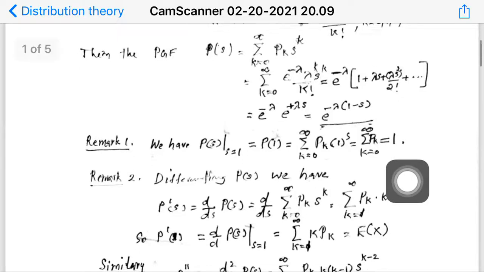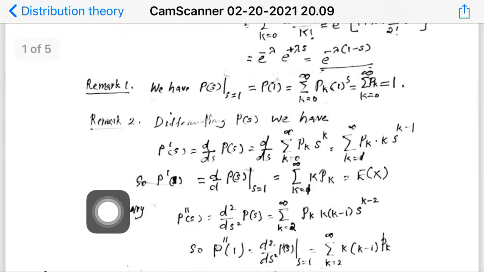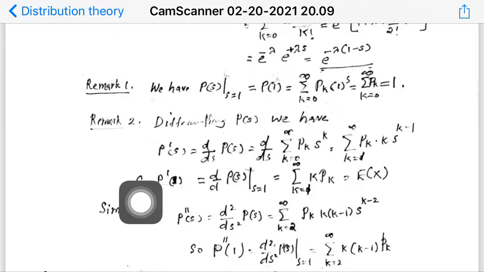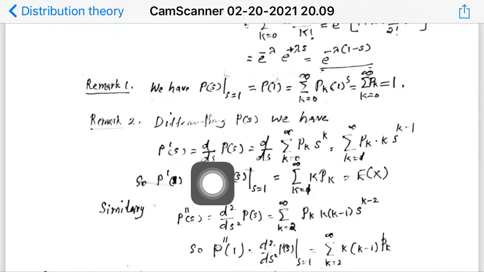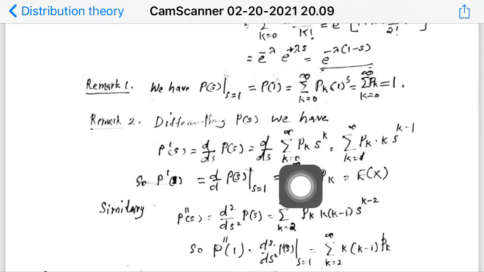And in the second remark, you will see a technique of finding the mean and variance of an integer valued random variable using PGF. You can see that the first derivative P prime of s, that is d by ds of P of s, is equal to d by ds of summation k equal to 0 to infinity p_k s to the power of k.